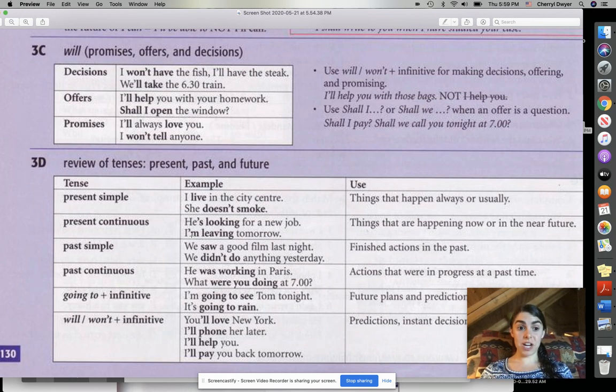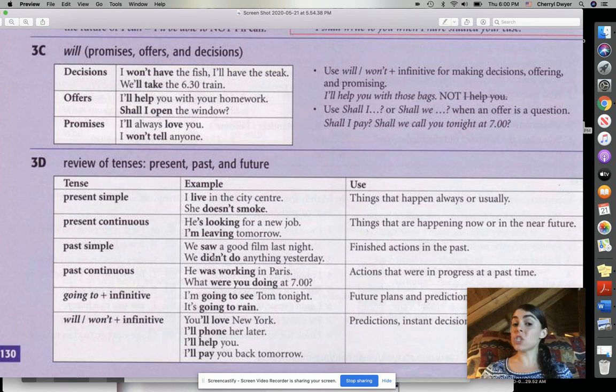Then we moved on and we started talking about past, right? Things that already happened. And we started using past simple, right? So we learned that this is for things that it says finished actions in the past. Okay. So something that finished already in the past. So we saw a good film last night.